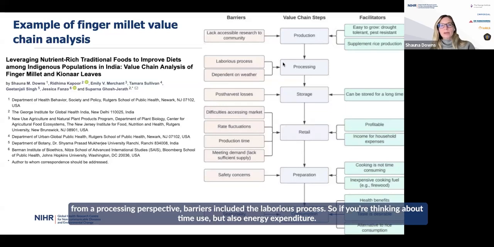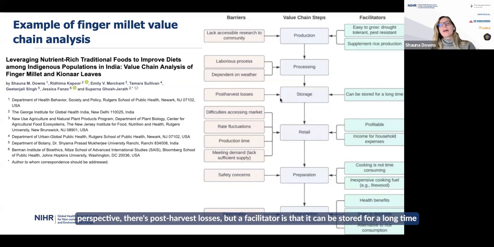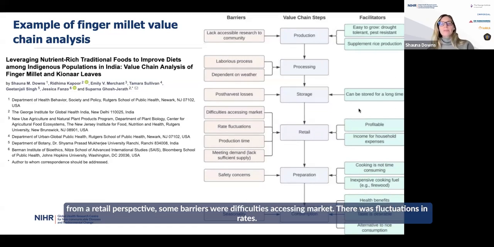From a processing perspective, barriers included the laborious process. So if you're thinking about time use, but also energy expenditure, also dependent on weather. From a storage perspective, there's post-harvest losses. But a facilitator is that it can be stored for a long time.